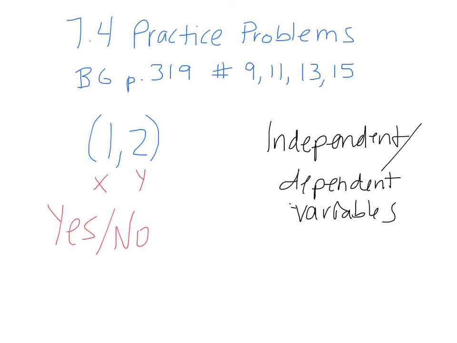So think about that. Use your notes. Go back, reread. What did you come up with? Number 13 is asking for A and W. Which one's your independent? Which one's your dependent? Number 15 is a T and a P. So decide which one it is and tell me why. Well, at least be able to discuss why. You don't need to write it down. All right. See you in class.